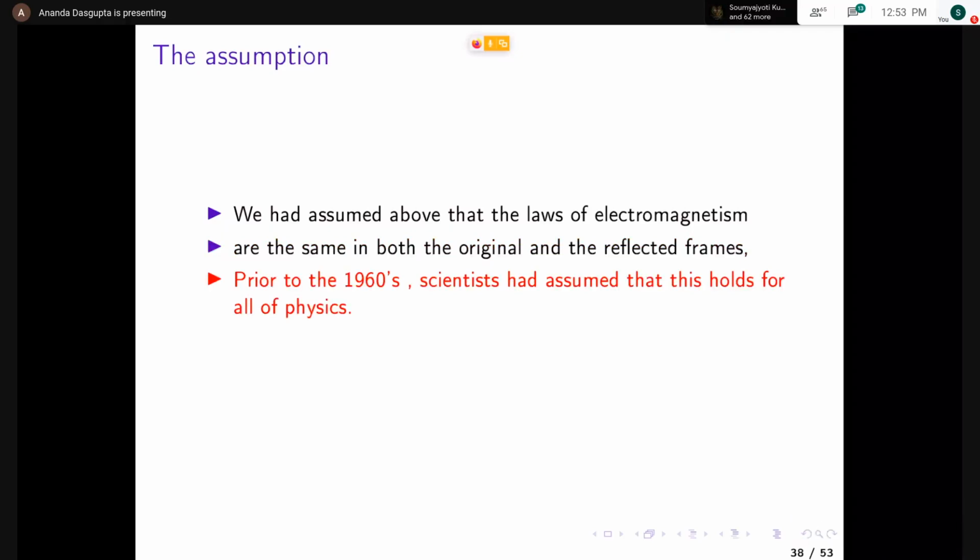Prior to the 1960s, 1957 to be precise actually, scientists had assumed that this holds for all of physics, not just electromagnetism, that the laws of physics are the same in the original frame and the reverse frame. That was the assumption before 1957.